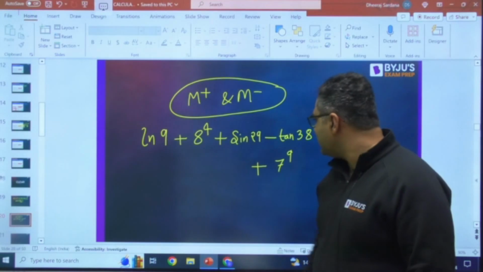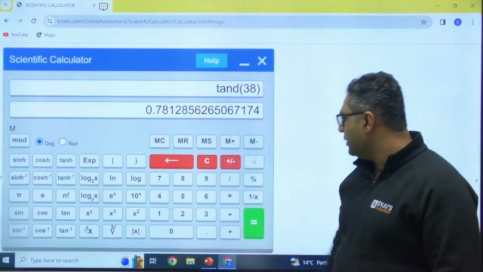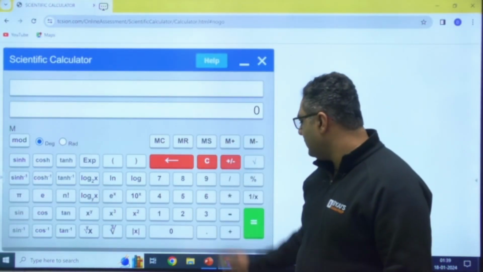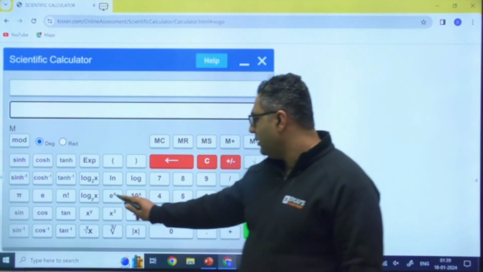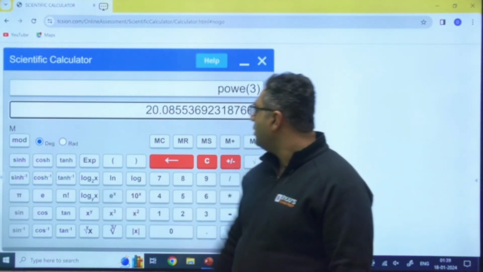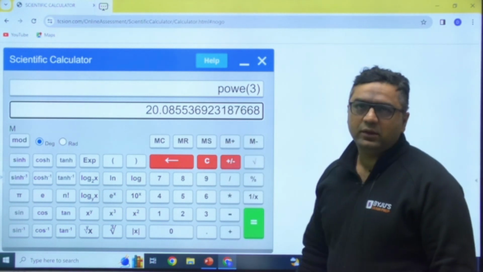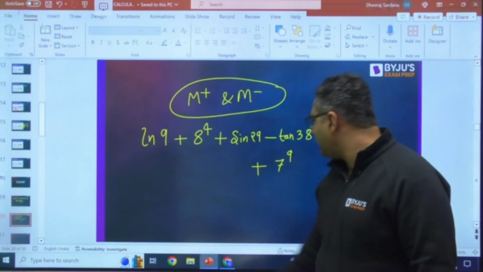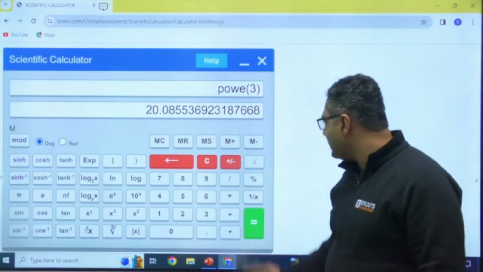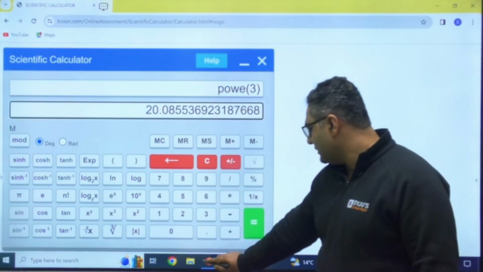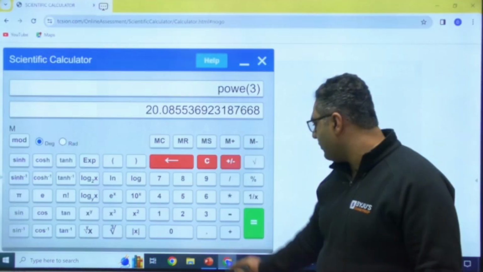And then we have once again minus e to the power 3. Then I clear the screen, then 3, then e to the power, and you get this. This has a minus, so M minus. Then next is plus 7 to the power 9.